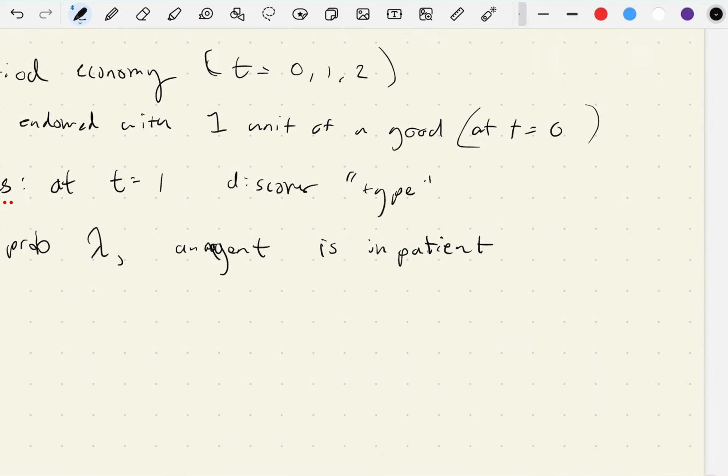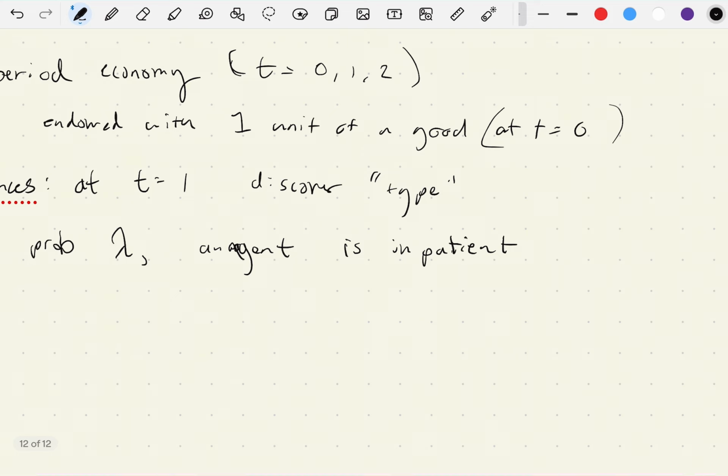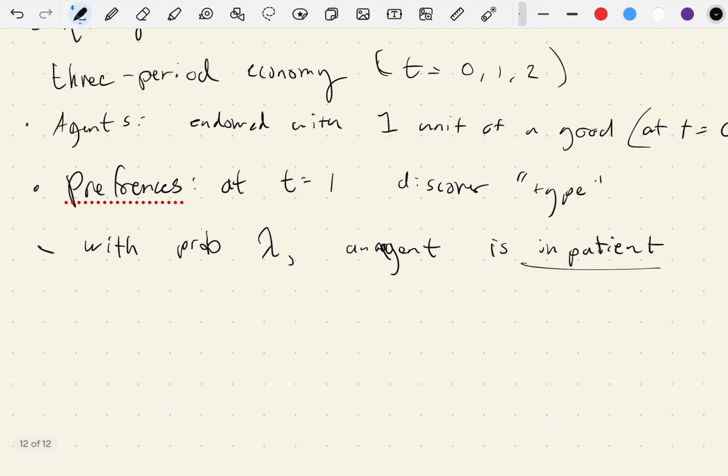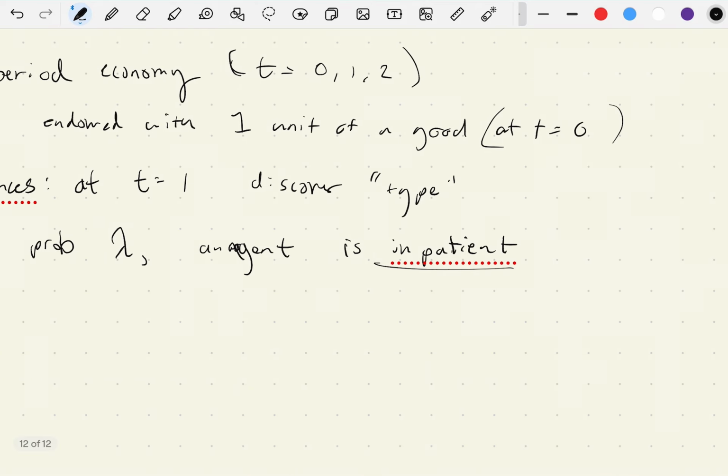They're impatient with this probability, and they get utility only from consumption at t equals 1. At the first period, they reap their utility by consuming something, C1.